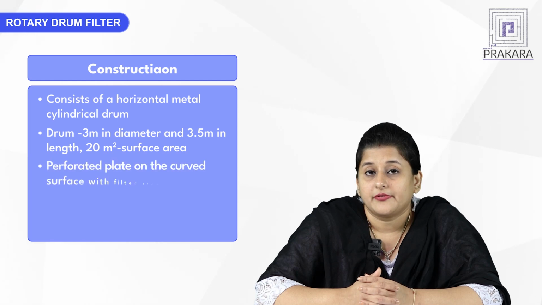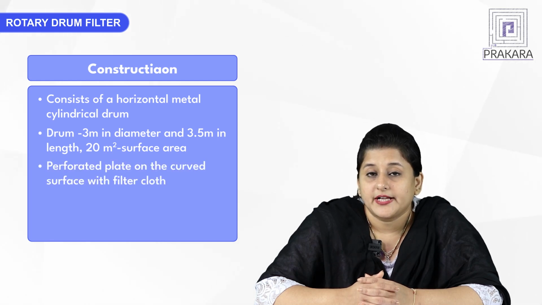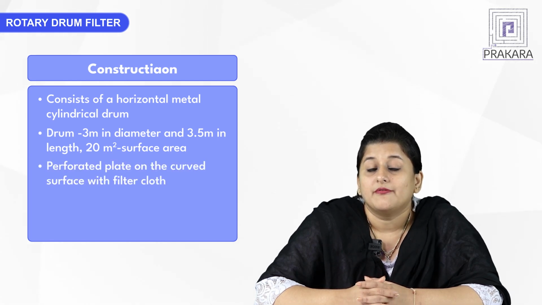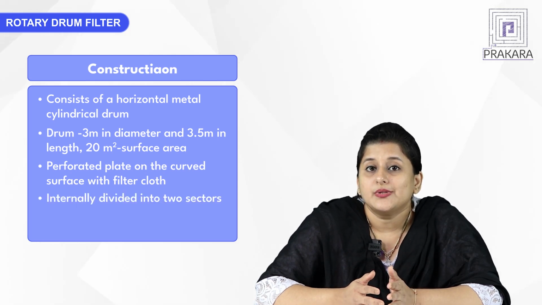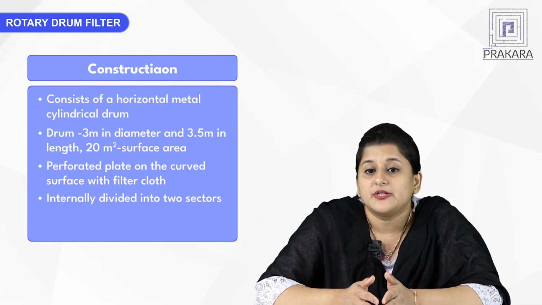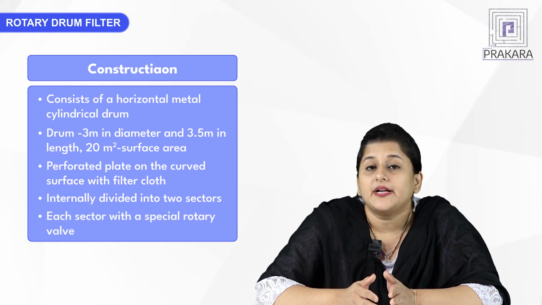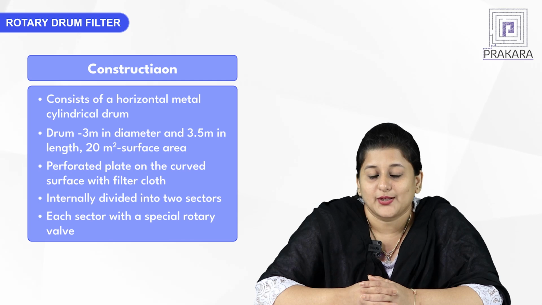The curved surface consists of a perforated plate supporting a filter cloth. Internally, it is divided into two sectors, and a separate connection is made between each sector, and a separate rotary valve is also incorporated.